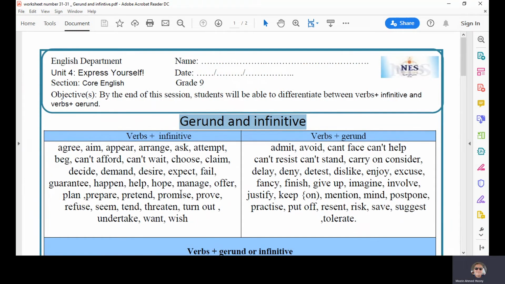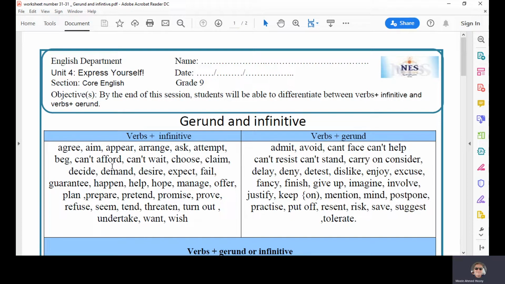First of all, and this is the easiest part. Some verbs must be followed with infinitives. No other thing can be used, like agree, aim, appear, all these verbs. But there are others.